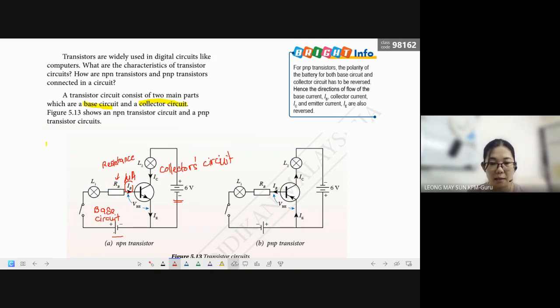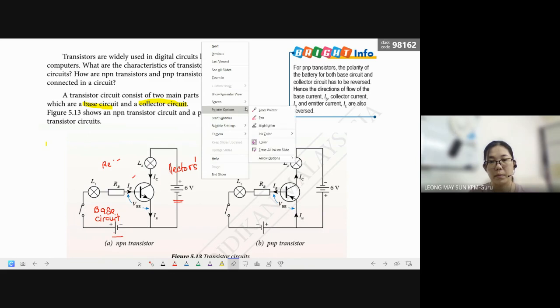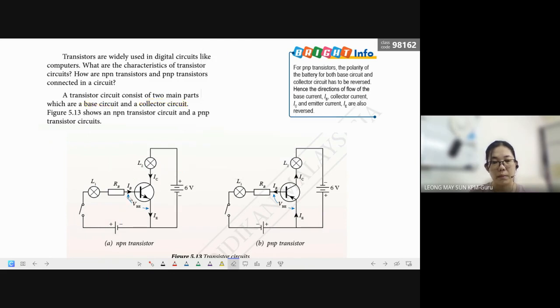I'm going to start another thing. For a transistor to work, you need to make sure that the current flowing is in the correct direction. What does it mean? For a transistor to work, the base current from the power supply must be in the same direction as the arrow pointed by the emitter in the transistor.